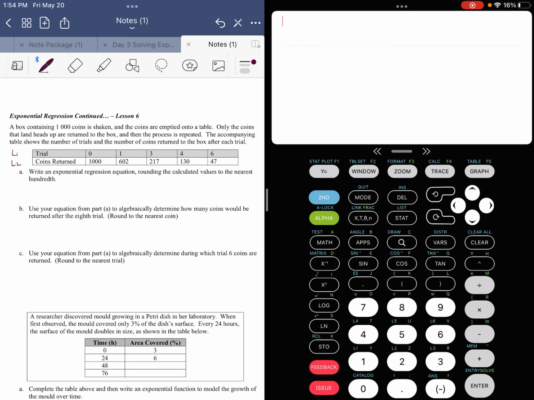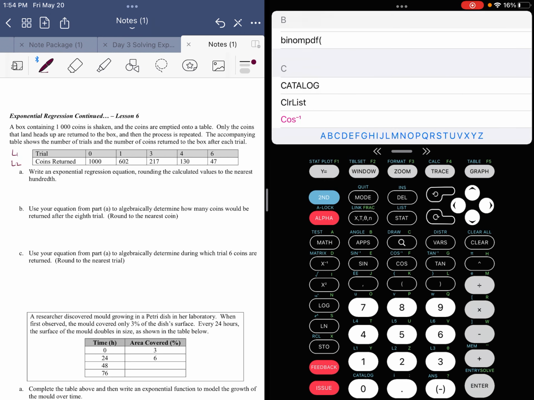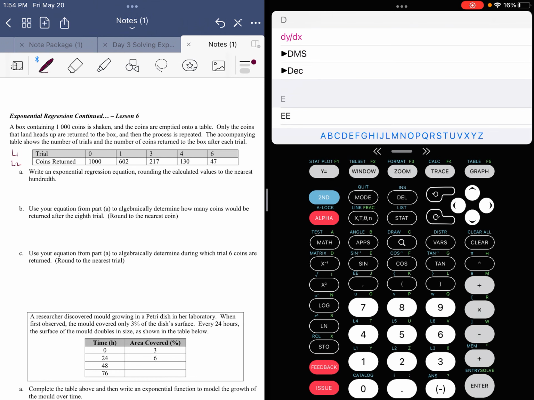Now, one thing to make sure is we have our diagnostics on. Because this is the app and not the exact calculator, you should see where it says diagnostics on and make sure that's good to go.